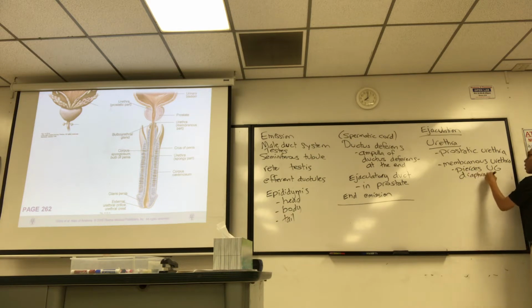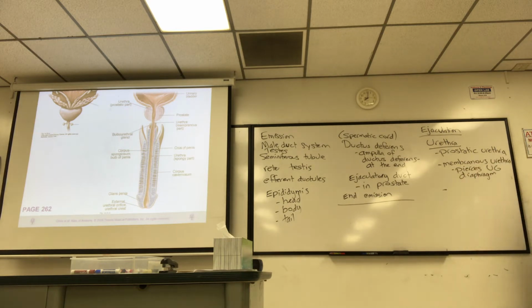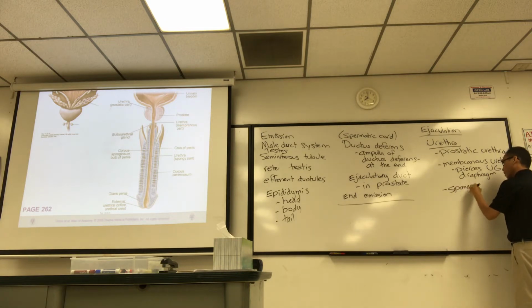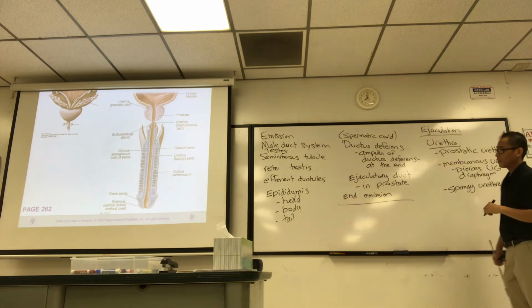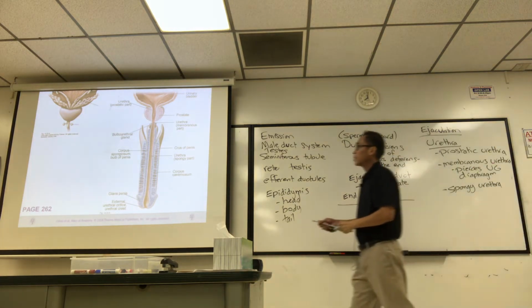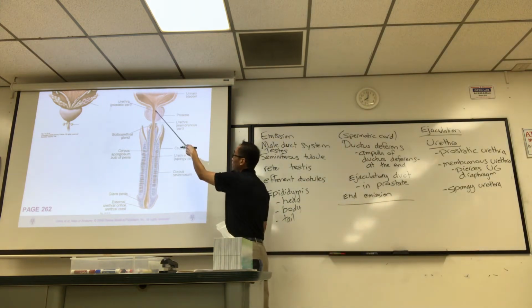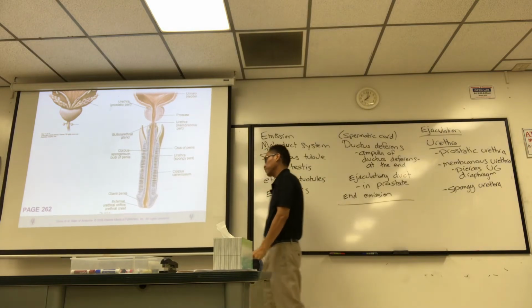Following that is the spongy urethra, contained within the corpus spongiosum. Prostatic, membranous, then the rest of it spongy.